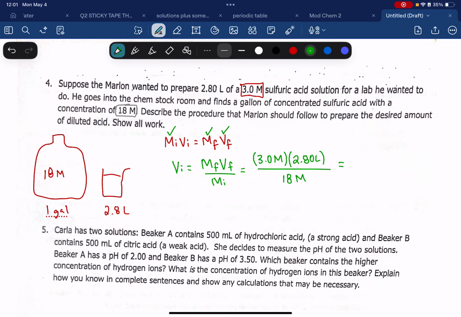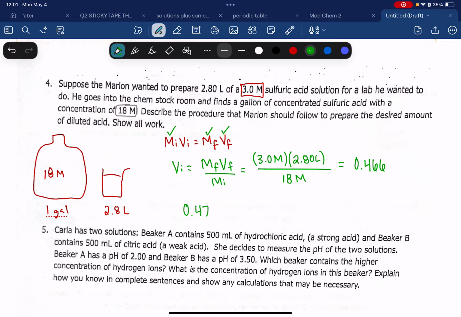And we'll get Vi to be equal to, hold on, let me just punch it in real quick. 3 times 2.8 divided by 18. I got 0.4666 repeating. For sig fig reasons, we'll go to 2 sig figs, so 0.47.